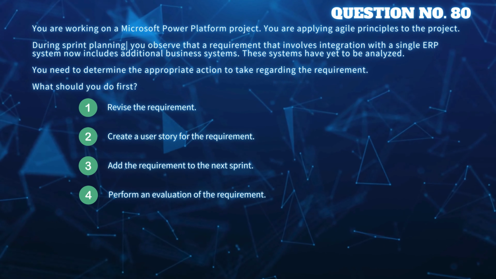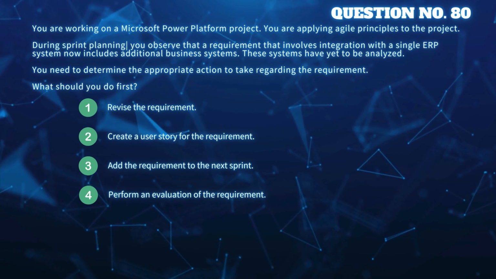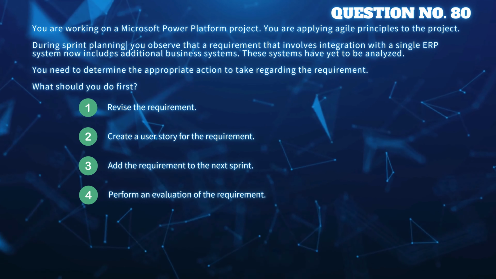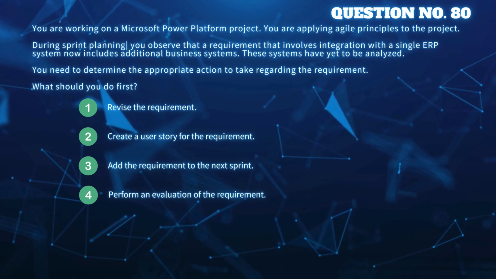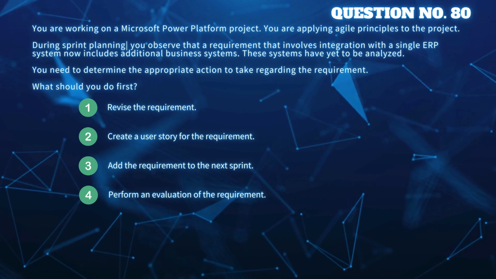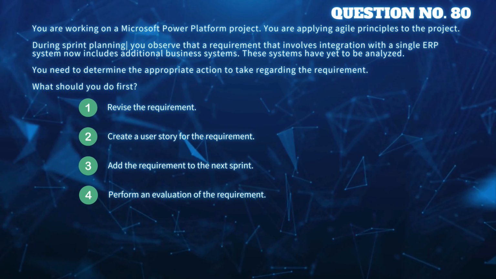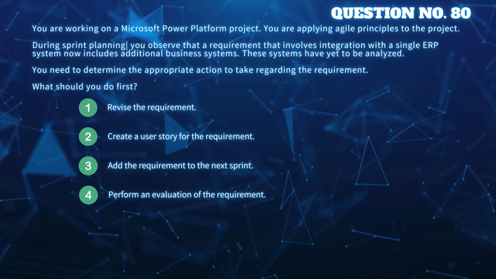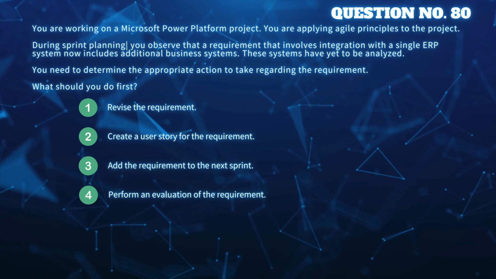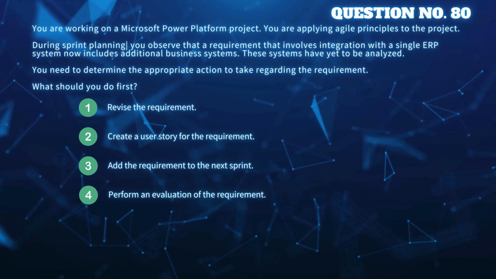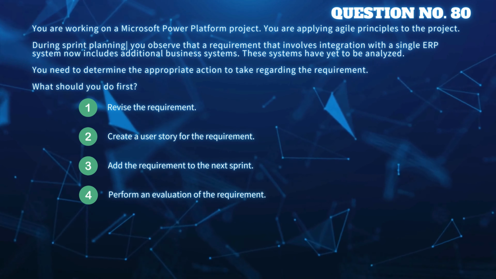You are working on a Microsoft Power Platform project. You are applying Agile principles to the project. During sprint planning, you observe that a requirement that involves integration with a single ERP system now includes additional business systems. These systems have yet to be analyzed. You need to determine the appropriate action to take regarding the requirement.